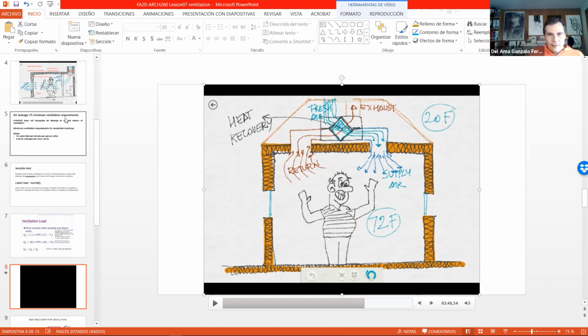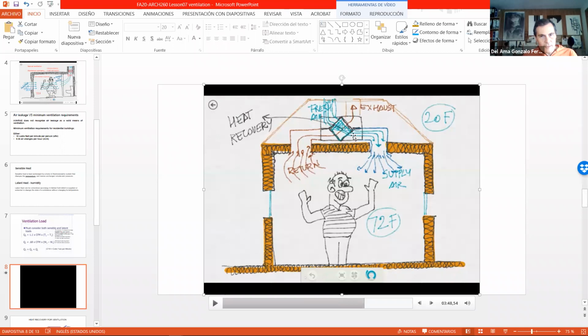Okay, so in public buildings, in commercial buildings, mechanical ventilation is mandatory. So we can use natural ventilation as an option because there are days in which we don't need the mechanical ventilation, but mechanical ventilation has to be there just in case. We cannot design our building just with natural ventilation.